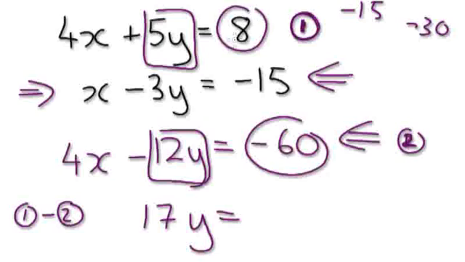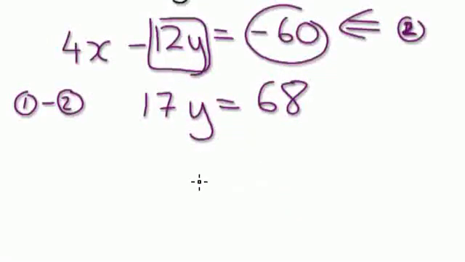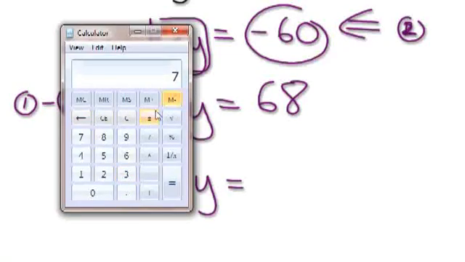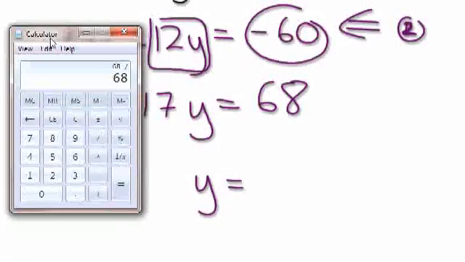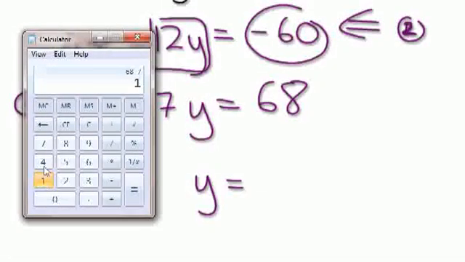Okay, and then 8, take away negative 60, so that will be 68. Now divide both sides by 17. Hang on, calculator, 68 divided by 17 equals 4.